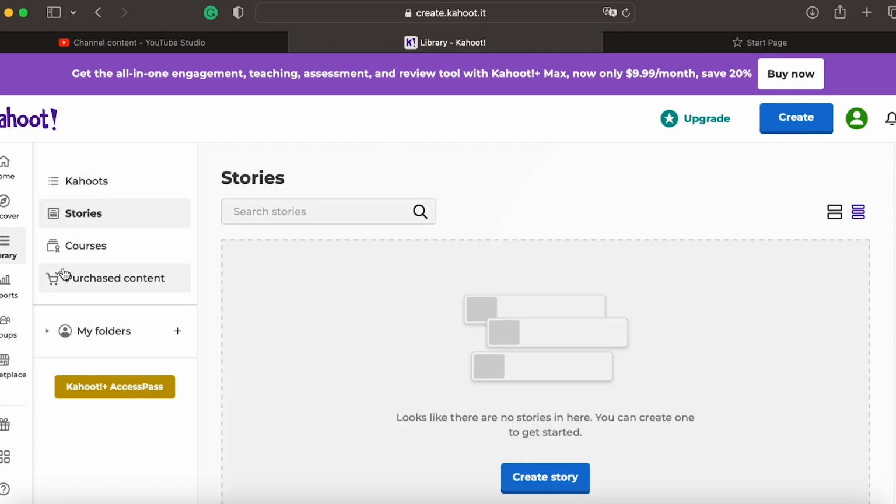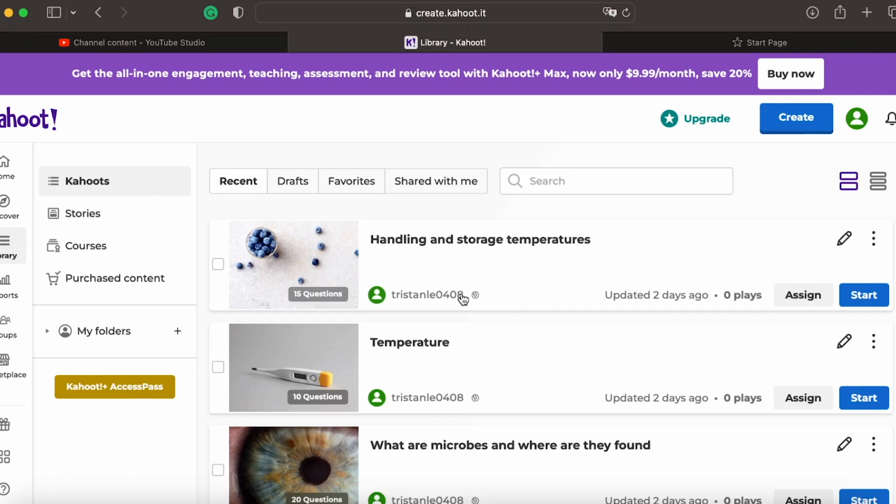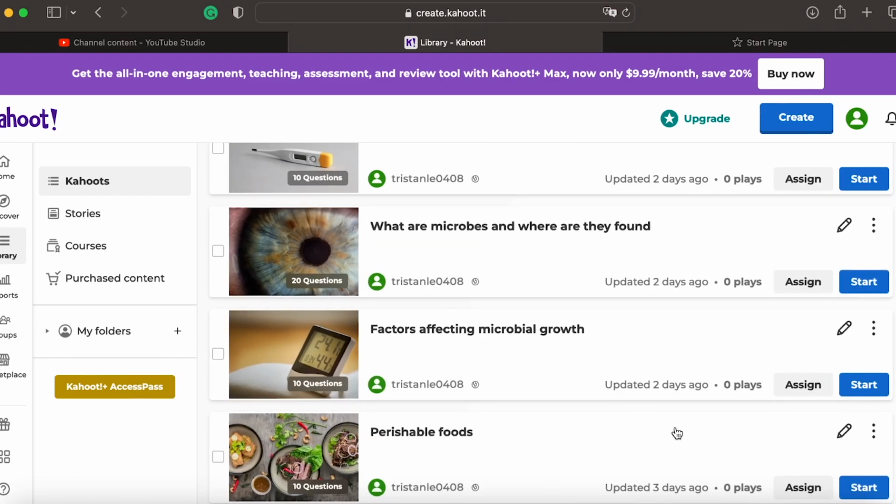So in here we will start really slow with perishable food, and this is the first lesson and also a very simple question lesson of all before we move to microbes. And in microbes it would be more difficult and more questions.